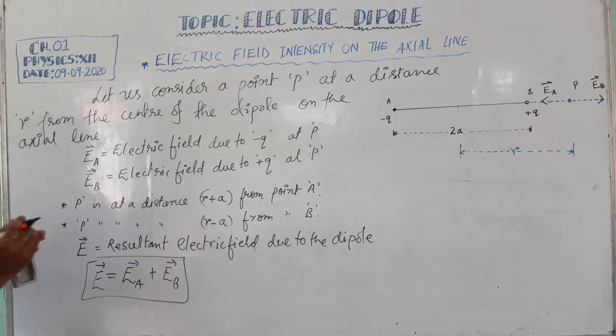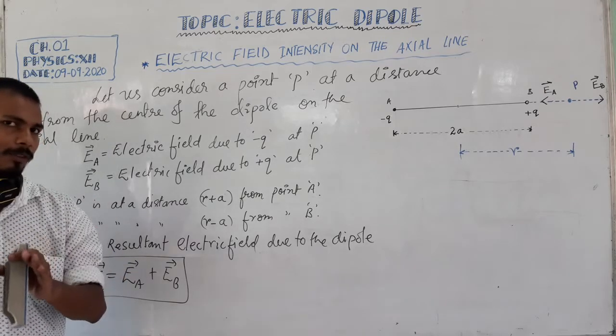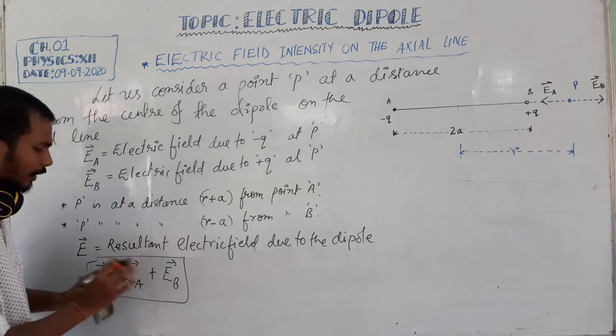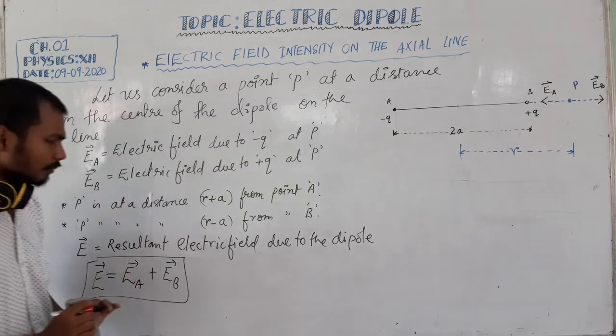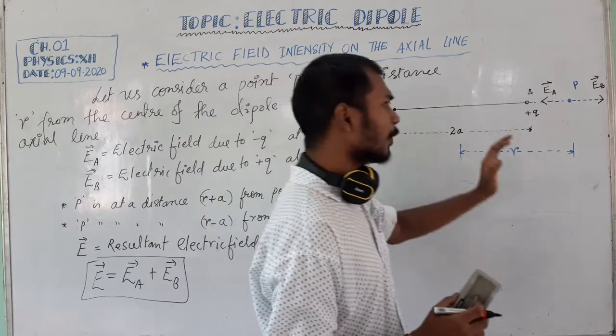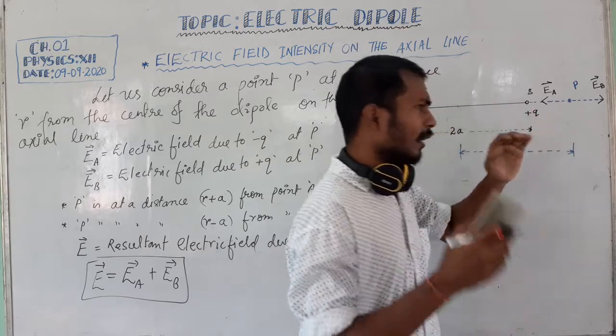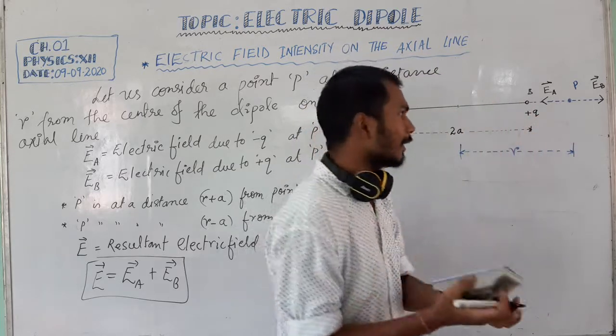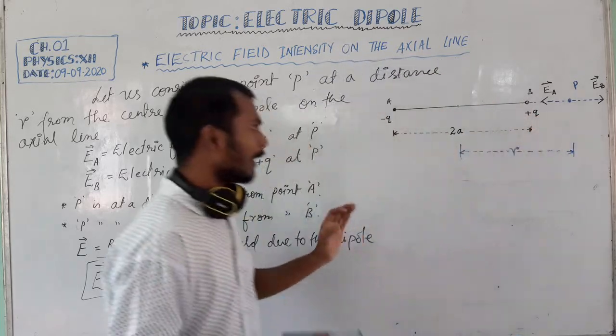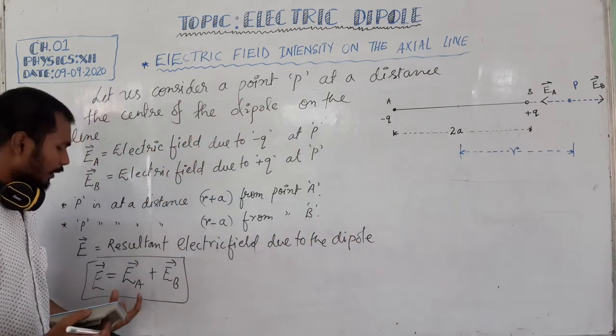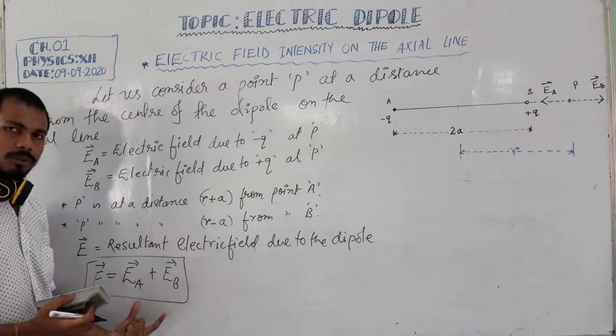Okay, we are taking the vector sum. This vector sum is different from normal addition. Now see, you have to find the magnitudes and then calculate the vector sum of these two vectors.